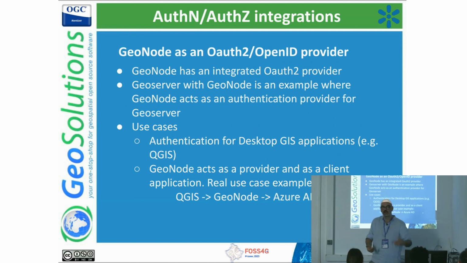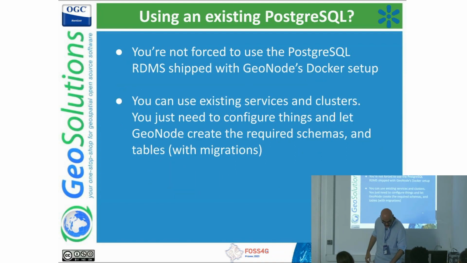For example, you can use the QGIS authentication system to authenticate users in QGIS through GeoNode users, and you can even bridge the two. So you authenticate with QGIS, you ask GeoNode to authenticate, and you ask Azure AD to authenticate the user. So now you can make all the bridges.